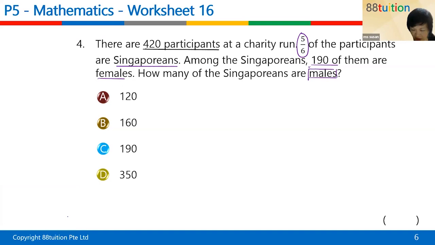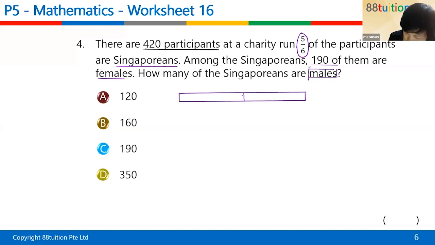First thing first, the total is 420 participants. So I'm going to use my model to solve for this. And I have to cut this into 6 parts. Okay, 6 meaning 1, 2, 3, 4, 5, 6.